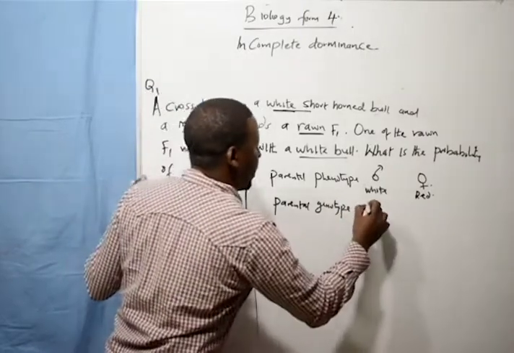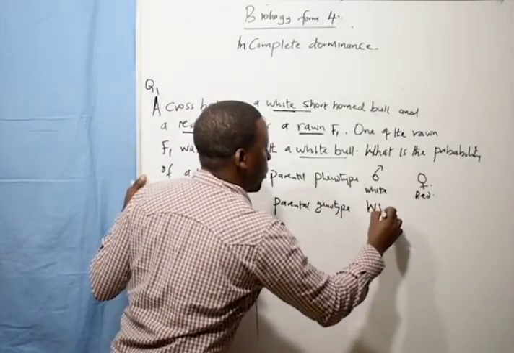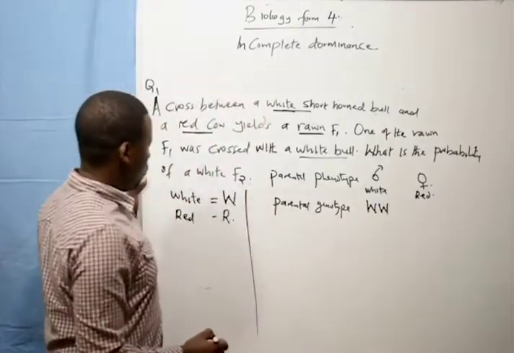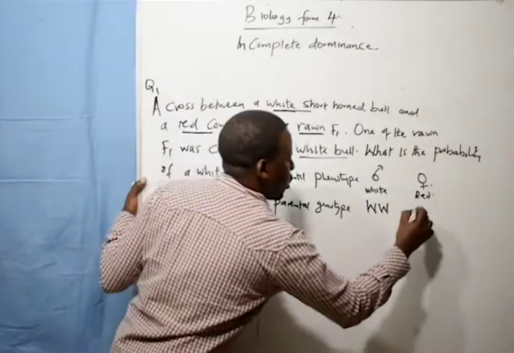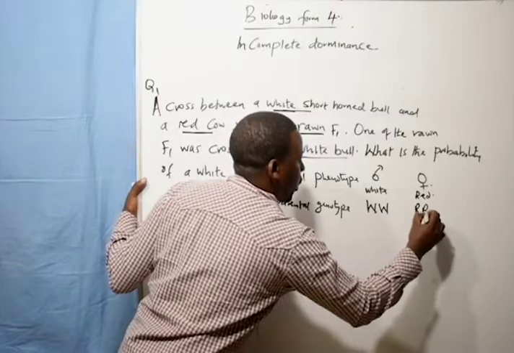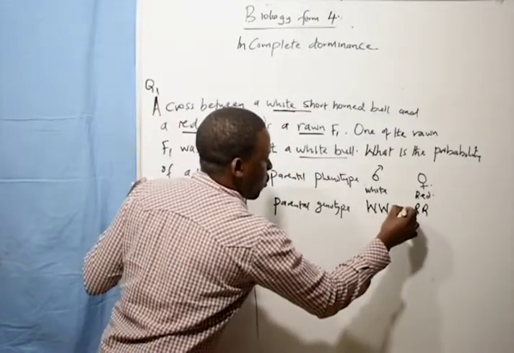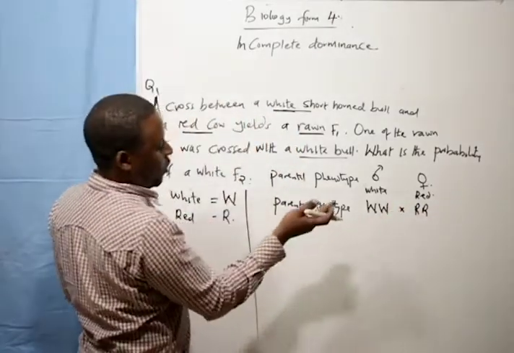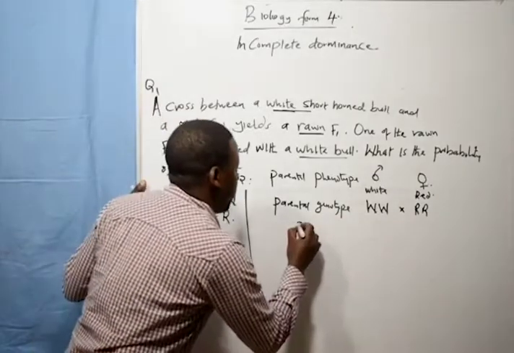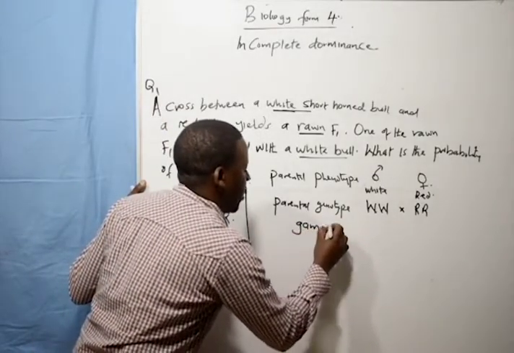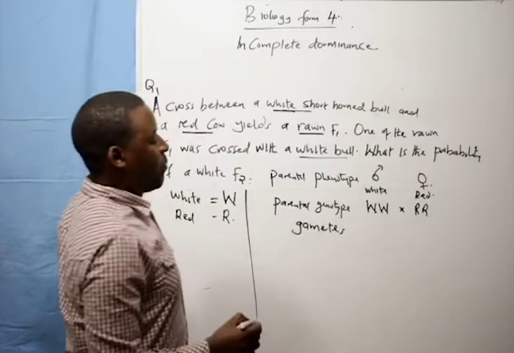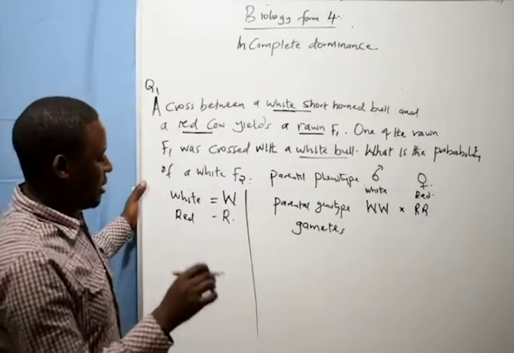White is given 2 capital W, and red is given 2 capital R. Then you put a cross to show that you're crossing a red and a white. Then we put gametes. Remember, students, gametes must be put in a circle.